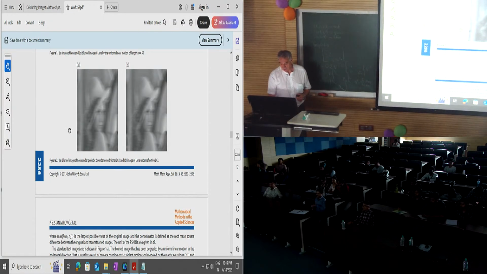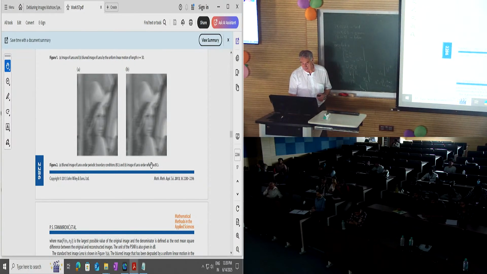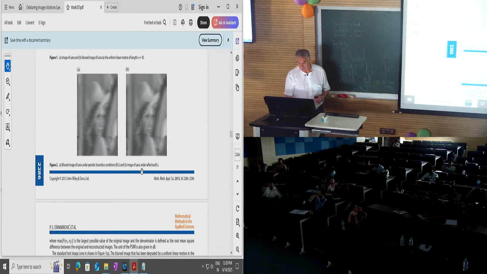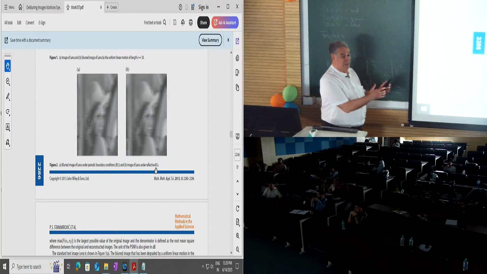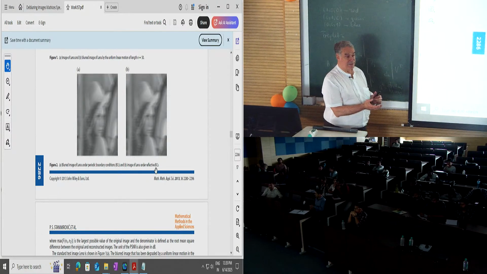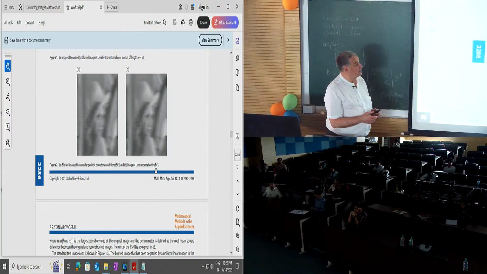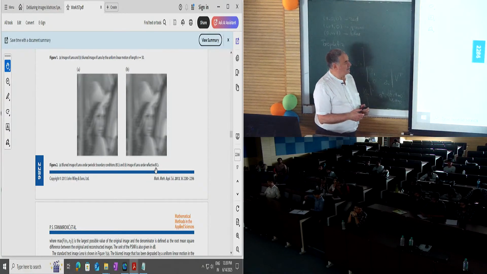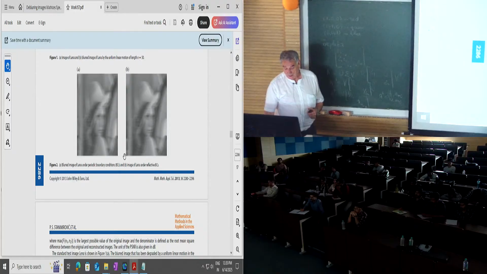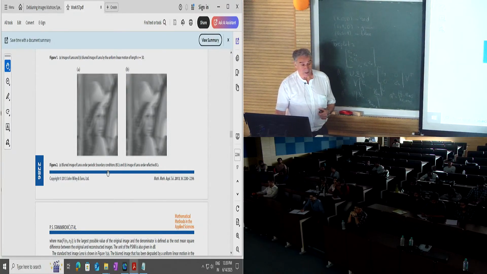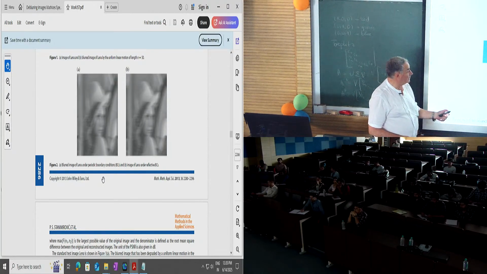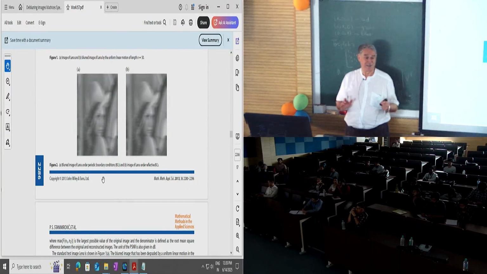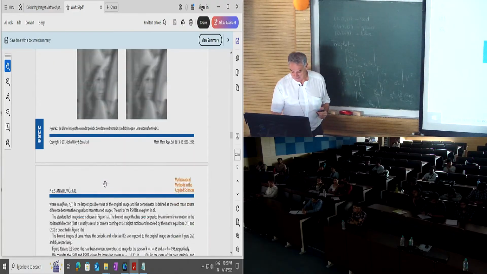Lena under reflective boundary conditions. We spoke about one additional left part and right. Left and right parts can be defined in different ways. Here is the blurring implied by two different boundary conditions. One is periodic, another is reflective.